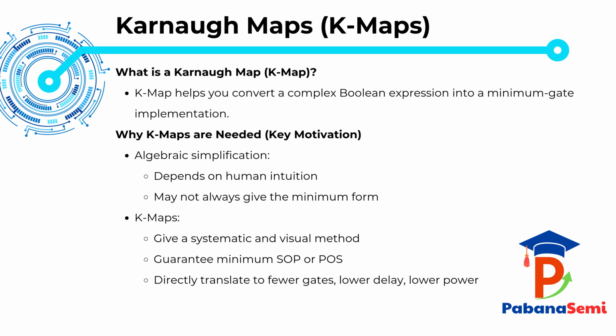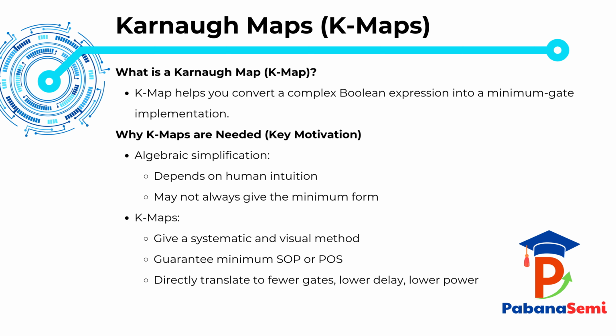Why are K-maps needed? Let us understand the motivation. First, consider algebraic simplification. Algebraic methods depend heavily on human intuition. They may not always lead to the minimum logic form. They can become difficult as the number of variables increases. Now, compare this with K-maps.